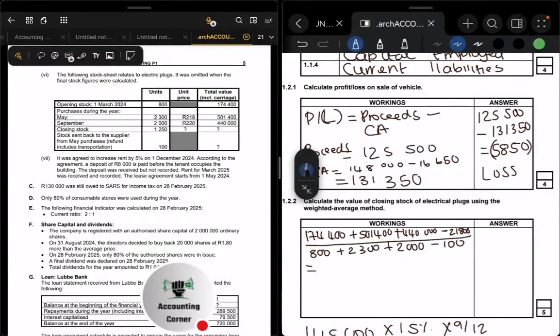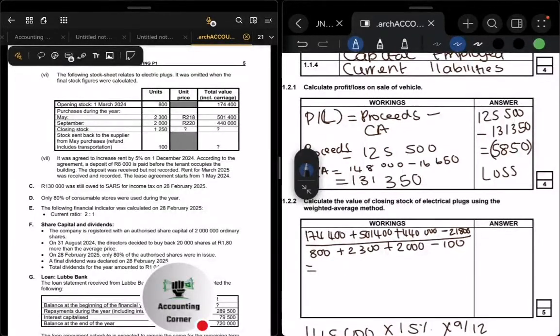Okay, so input all of that into our calculators. Okay, so I'm getting 214.93. I don't think I'm missing anything.